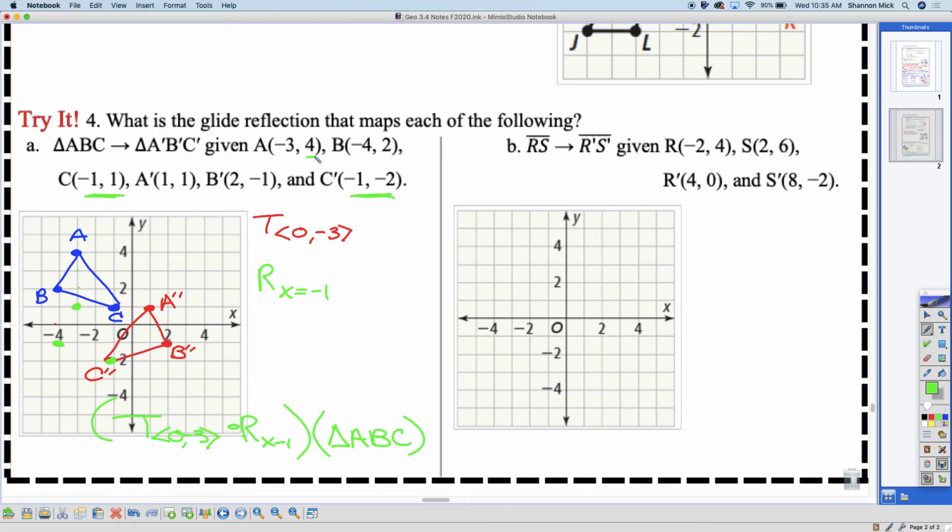So 4 to 1 is -3, and 2 to -1 is -3. But then you'd have to figure out your movement from X. I would notice that this X and this X are the same, aren't they? So that should be my line of reflection, shouldn't it? So there are hints in just those points, but was it much easier to graph it?